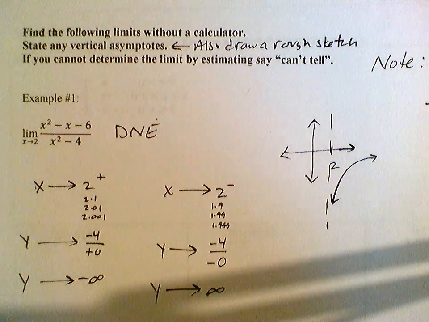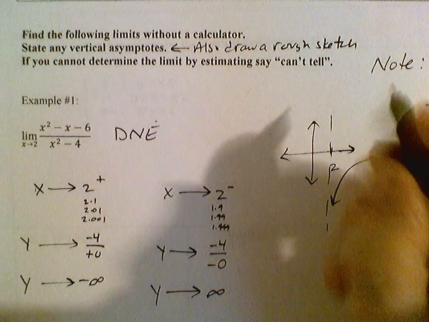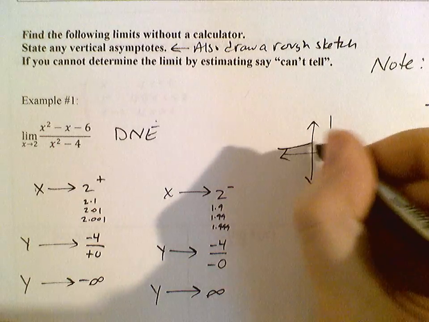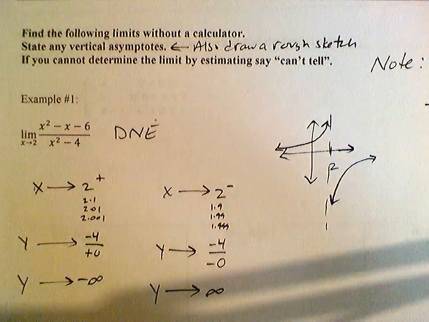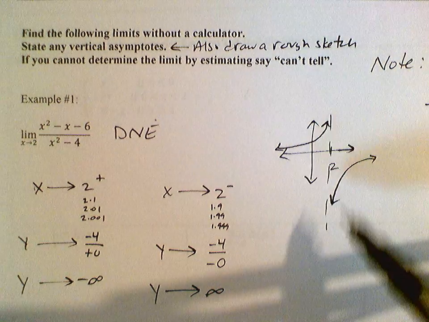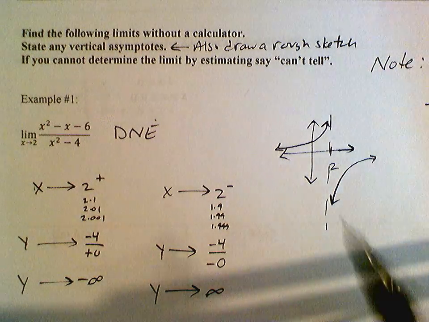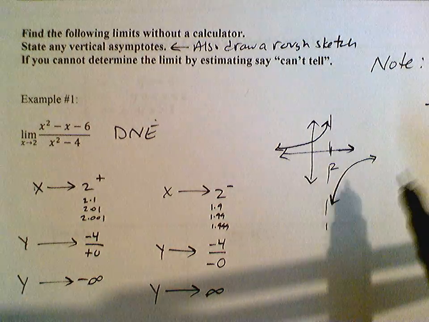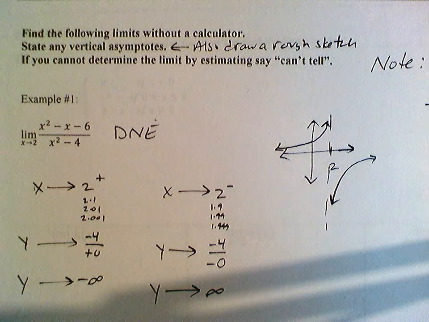And then from the left, my y values are shooting up to positive infinity. So it's going to be something like this. This is a very rough sketch, guys. The only thing that's going to make this sketch correct or not is whether or not you have an asymptote and how the function's behaving near it. Like this part could have been lower, it could have been higher. As long as you have that asymptotic behavior, you're good to go.